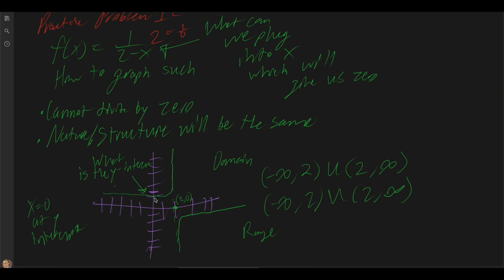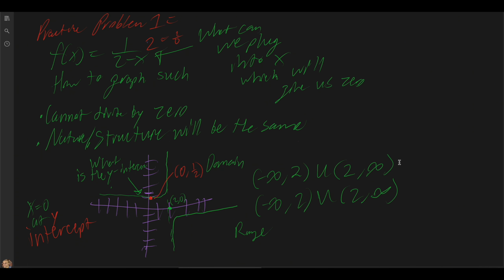So that way we can denote that our intercept over here is going to be, looks like, when x is 0, then we have 1/2 over here. 0 at y, intercept. And so, yeah, this is our first practice problem.